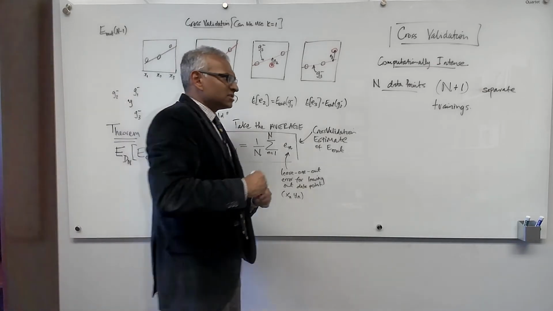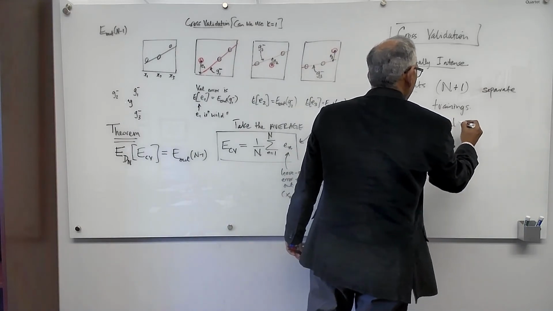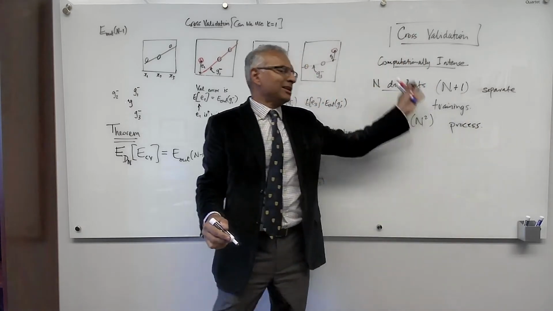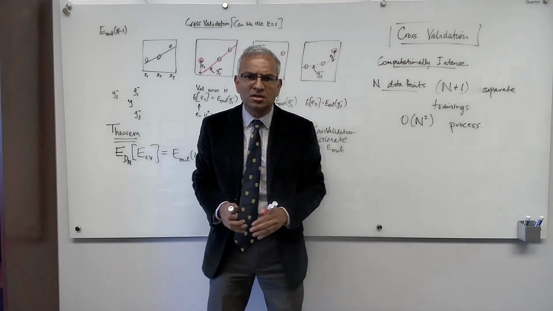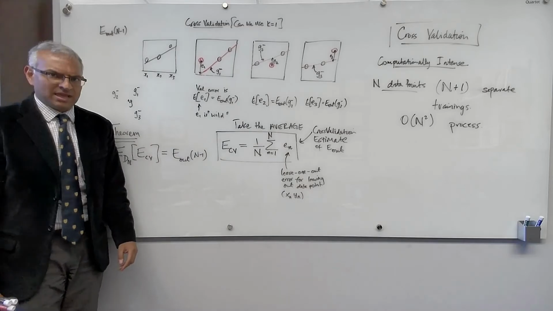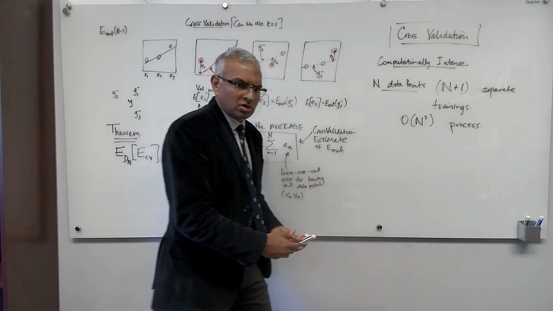So this is immediately an O of n squared process. And typically there's some exponential dependence on the dimension. So imagine if n is 10,000, this is already 10 to the 8. That's heavy. It's very heavy. So, what does tenfold cross-validation do?